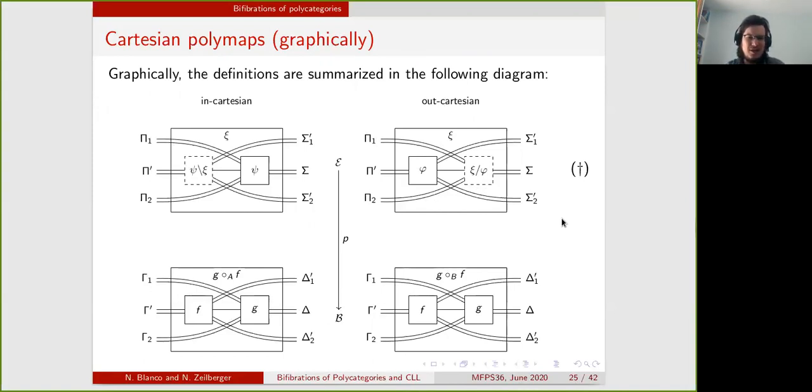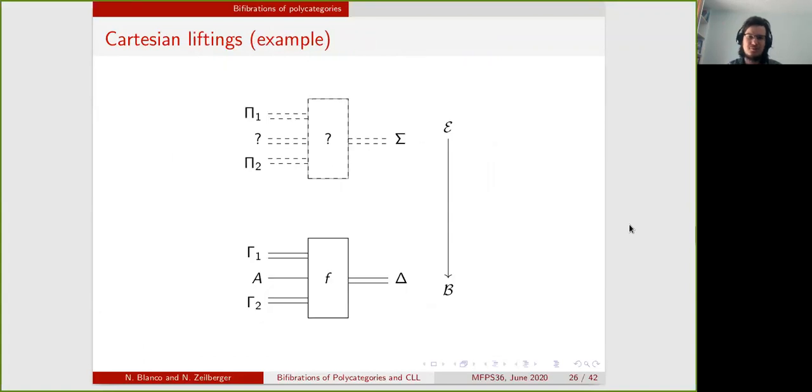And in a similar vein, if the bottom diagram is a universal diagram, then the top diagram will be universal. So we can think of Cartesian morphism as a way to lift universality, so universal map, from the bottom polycategory into the top polycategory. Talking of lifting, we call a Cartesian lifting any map obtained like that.